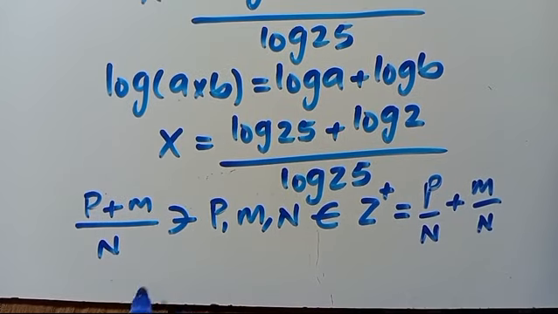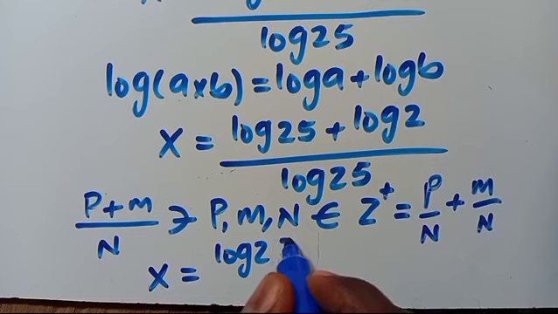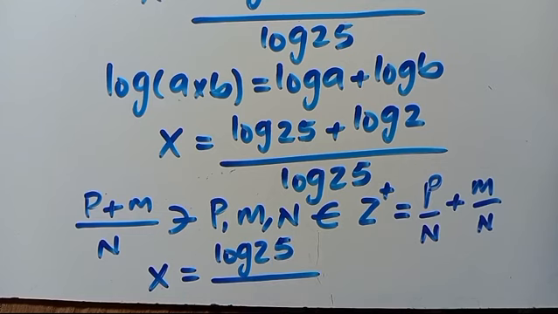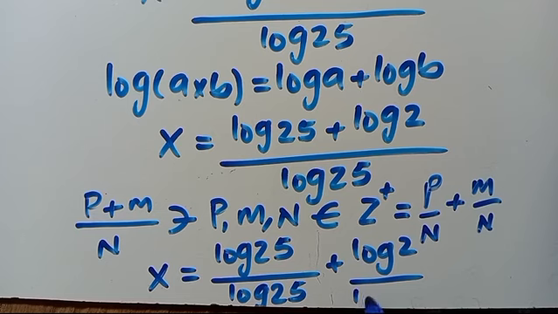So from here we have x to be log 25 over log 25 plus log 2 over log 25.